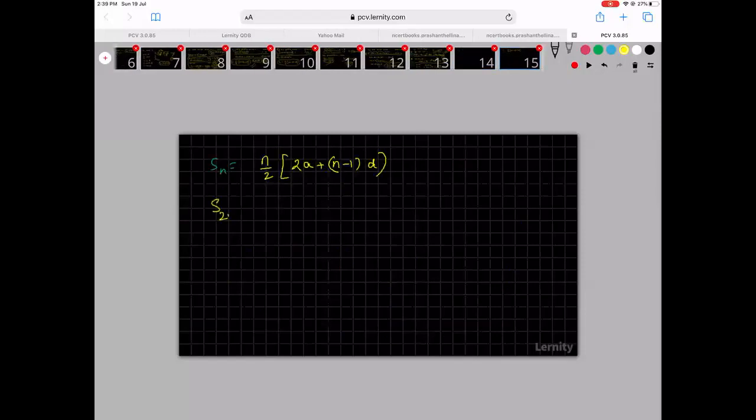So S20 is equal to 20 by 2 into minus 2 into 30 plus 19 into 4. So when I do this, it is 20 by 2 into minus 60 plus 19 into 4, which is 76. So it becomes 10 into 16. So that will be 160. So the first one is 160.